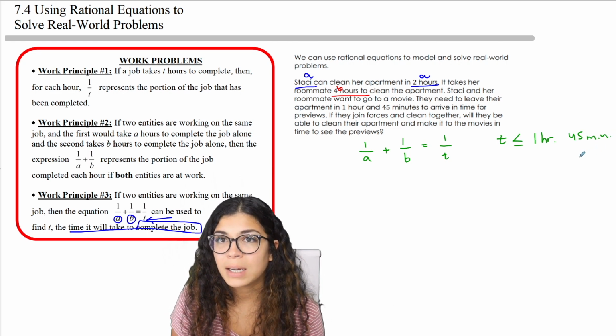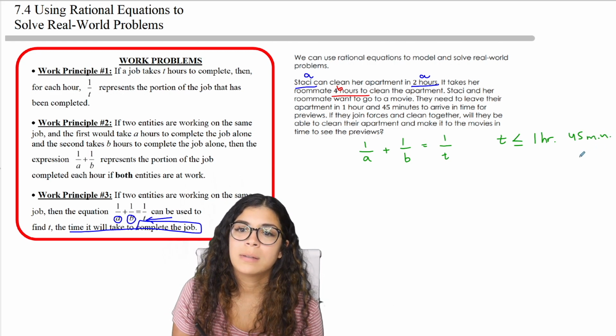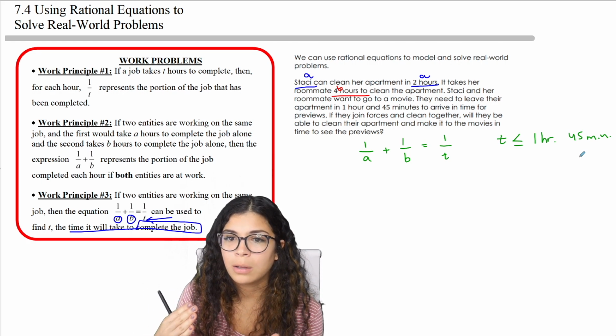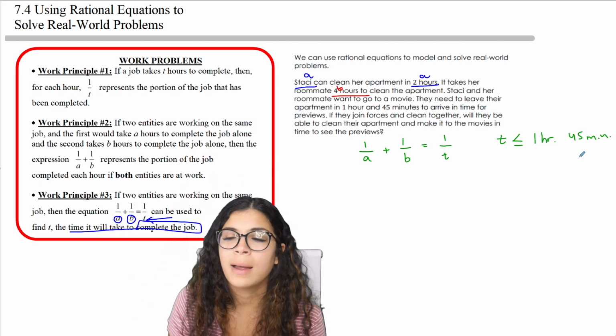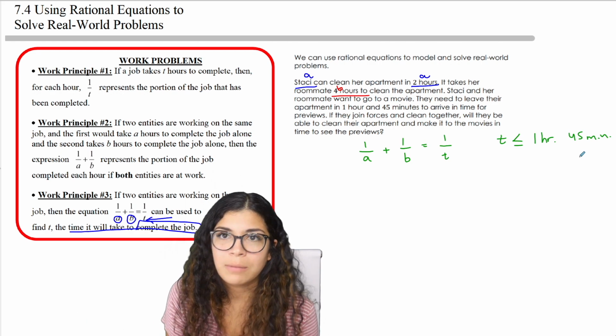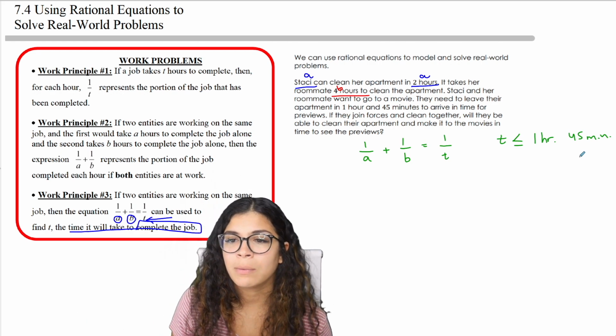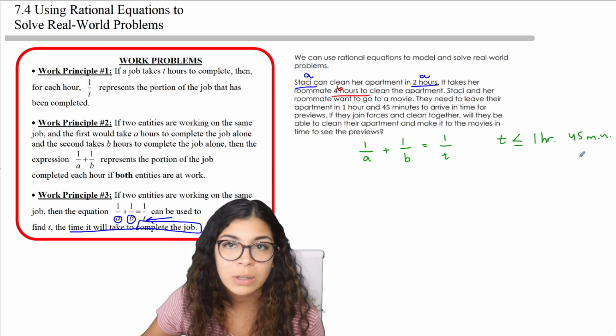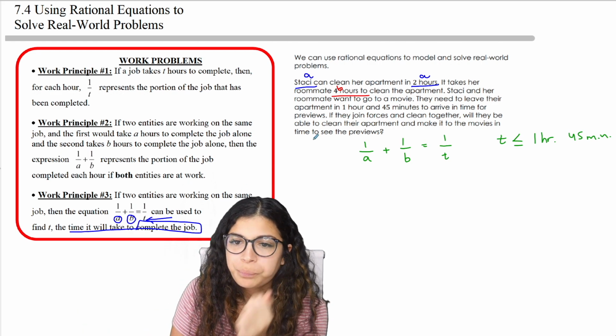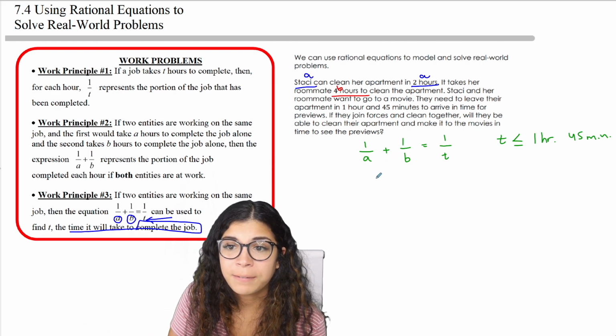Because if the time that it takes them to do it together is that time, then they've left the apartment right on time. If they finish it earlier, then even better, right? Then they have some time to chill before having to go out to the movie. So let's go ahead and find it, okay?